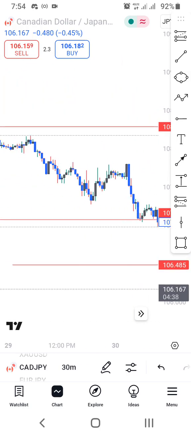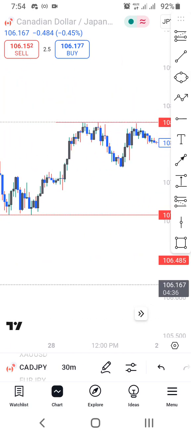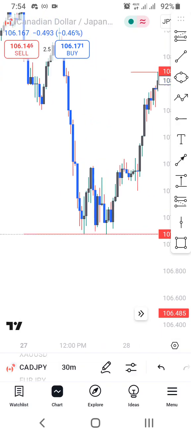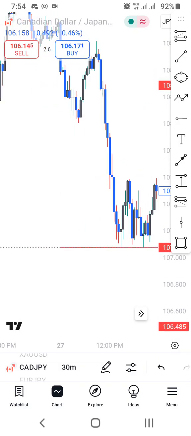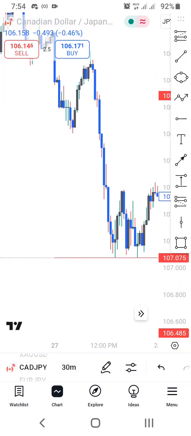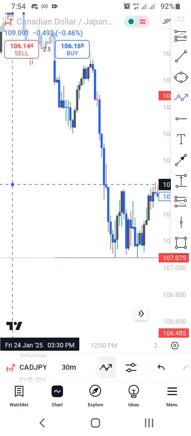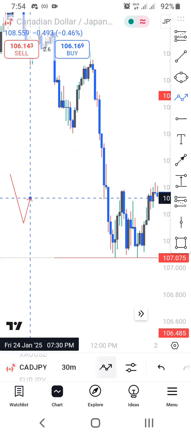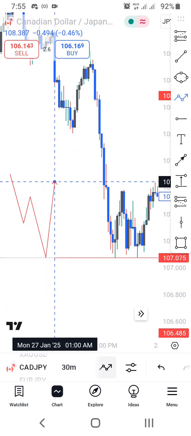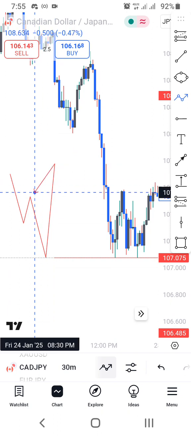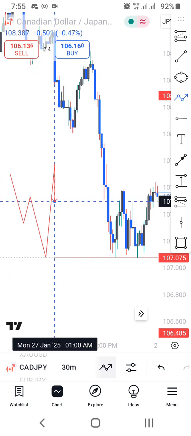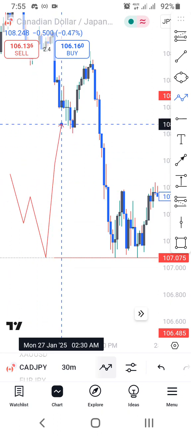So this is the low we had on the daily, and I'm not seeing any shift here. If you want more explanation about this, please go and watch the videos.